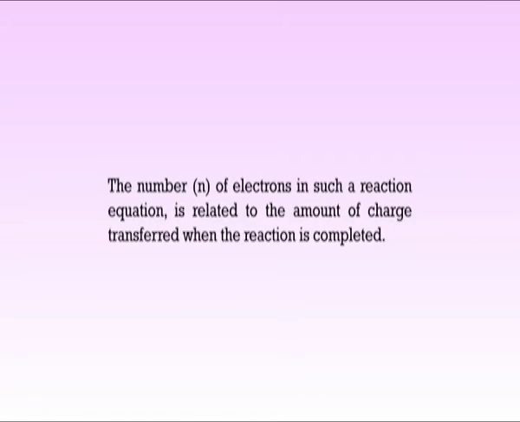A redox reaction equation represents definite amounts of reactants in the formation of also definite amounts of products. The number n of electrons in such a reaction equation is related to the amount of charge transferred when the reaction is completed.